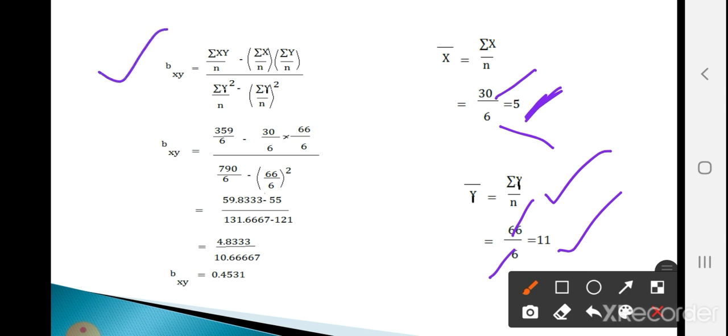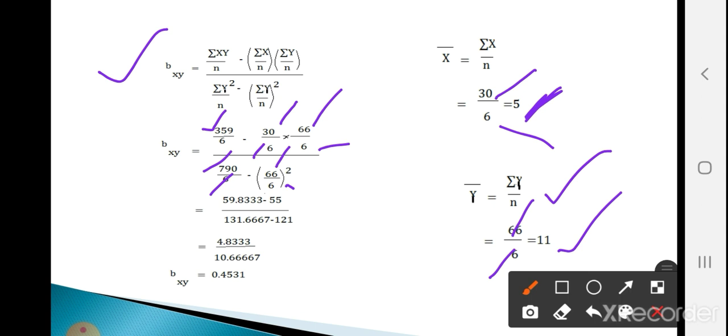And what is the formula for calculating bxy? The formula is summation xy divided by n minus (summation x upon n into summation y upon n), whole divided by summation y square upon n minus (summation y upon n) whole square. Here the summation xy is 359 divided by n is 6, minus summation x is 30 over 6 into summation y is 66 over 6, whole divided by summation y square, 790 over 6, minus 66 divided by 6 its square.